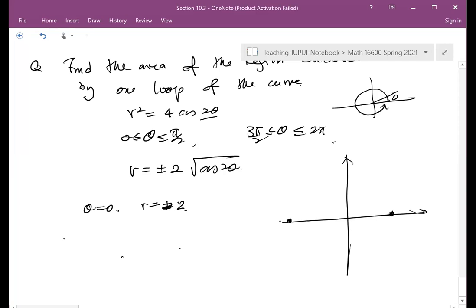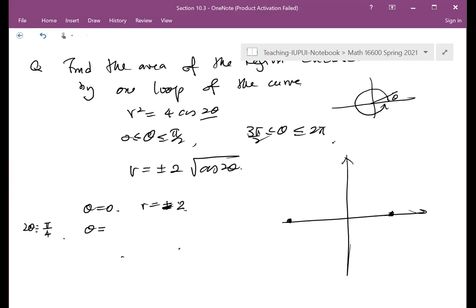It's always symmetric. When 2 theta runs from 0 to pi over 2, cosine 2 theta runs from 1 to 0.